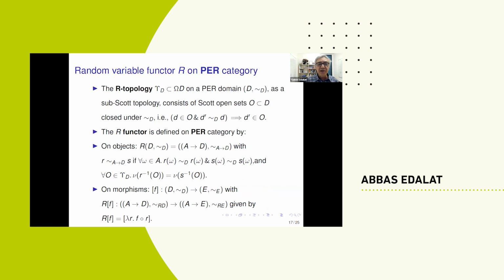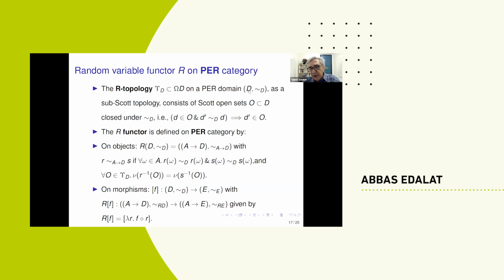So now we define a random variable functor, a constructor on this PER category that constructs, given a PER domain, given a Scott domain with a partial equivalence relation, random variables on it. So we need to define the R topology as a subset of the Scott topology on a PER domain.